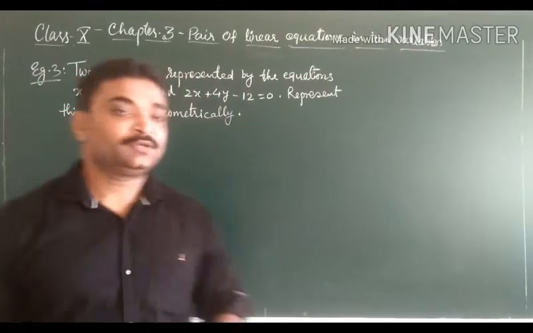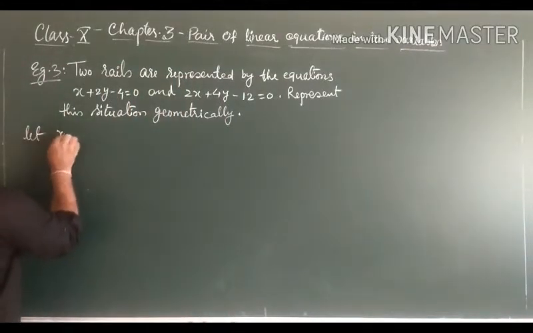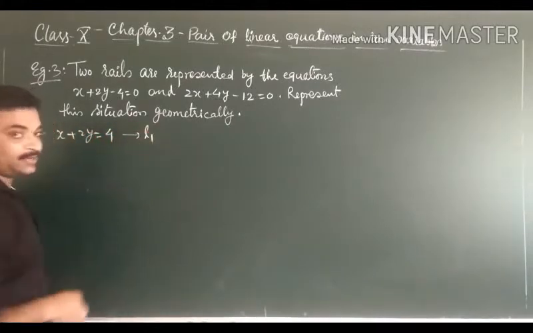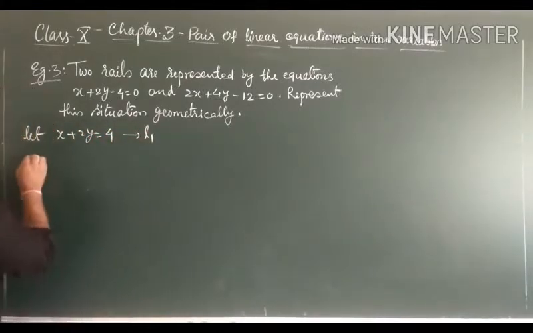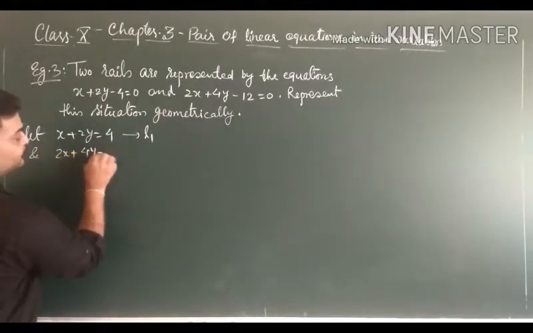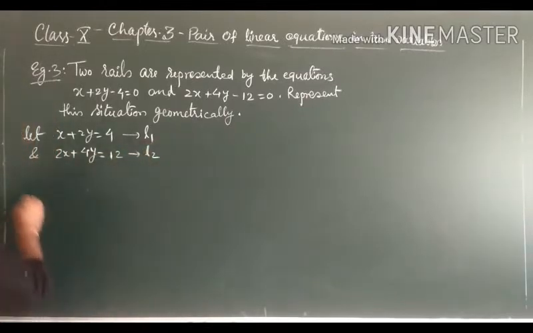So what we do? Let x plus 2y is equal to 4 give line L1, and 2x plus 4y is equal to 12 is our line L2. Now the solution for L1.